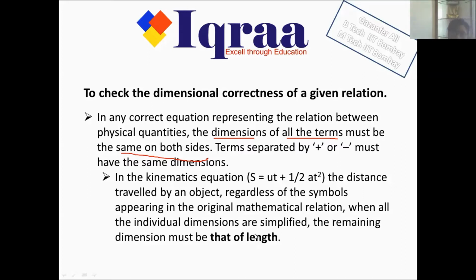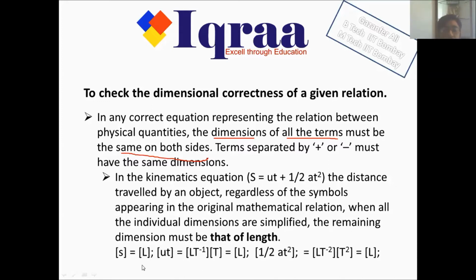What does this mean? What will be the dimension of S? It will be L. What must be the dimension of ut? Because we're equating this with S, and S has the dimension of L, the dimension of ut must also be L. Half is a constant, we don't bother about it. The dimension of at square must also be L. Ut is basically velocity.